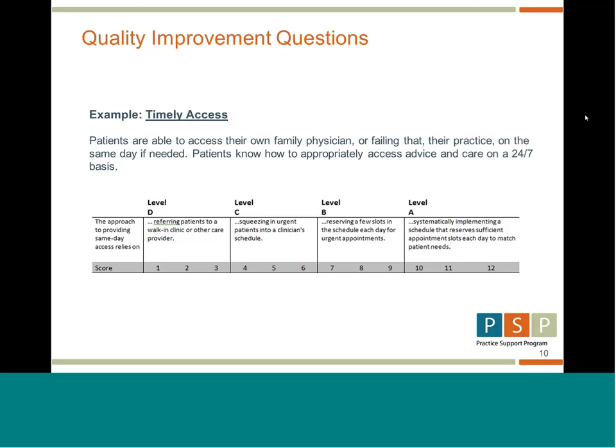At the high level, it relies on systematically implementing a schedule that reserves sufficient appointment slots each day to match patient needs. There are options in between as well, but at the high level, it's about implementing some sort of advanced access system.